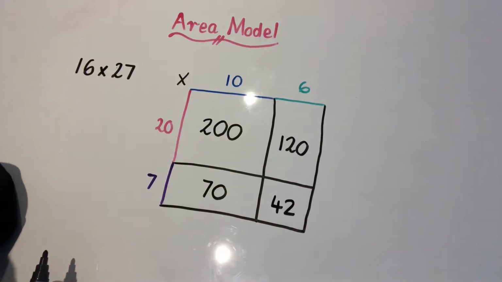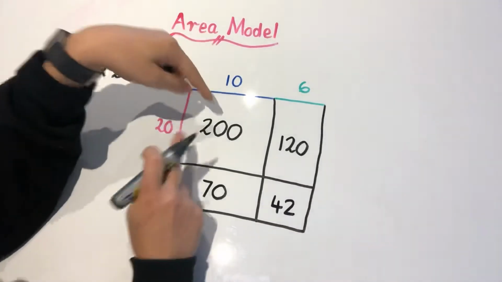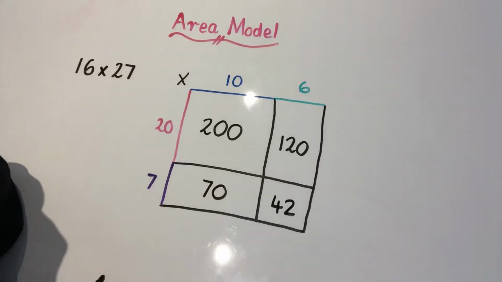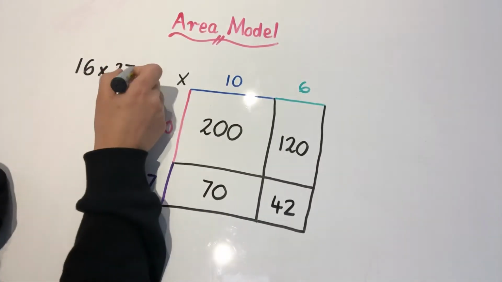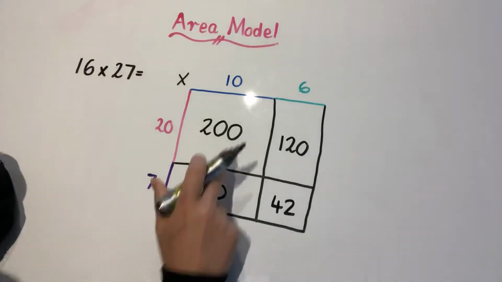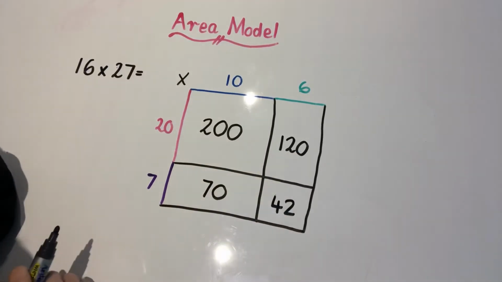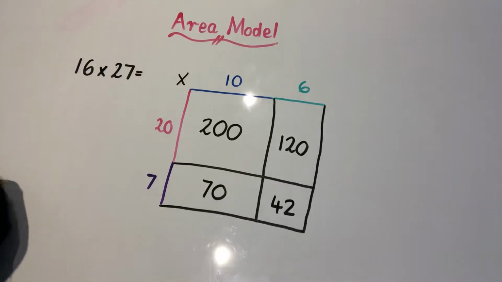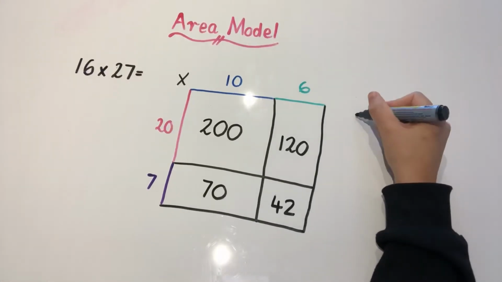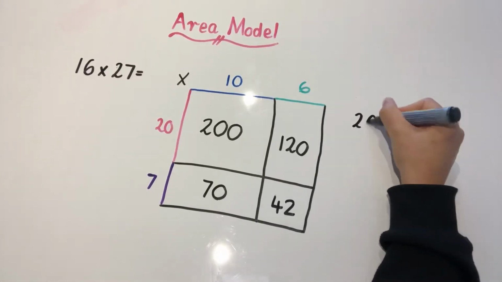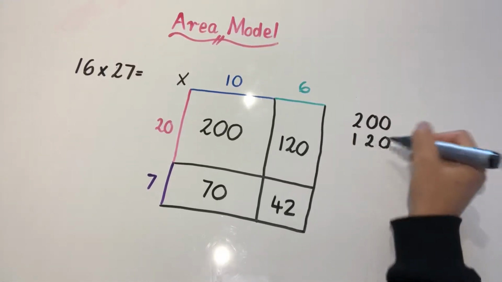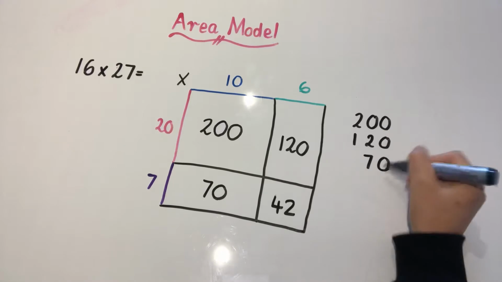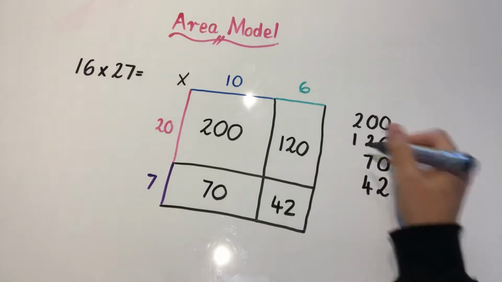So now we've broken our equation up and we've solved the different parts. Now what we need to do to get the overall product of our first problem is add all these values together. So I'm going to use vertical addition. 200 plus 120, 70 and 42.